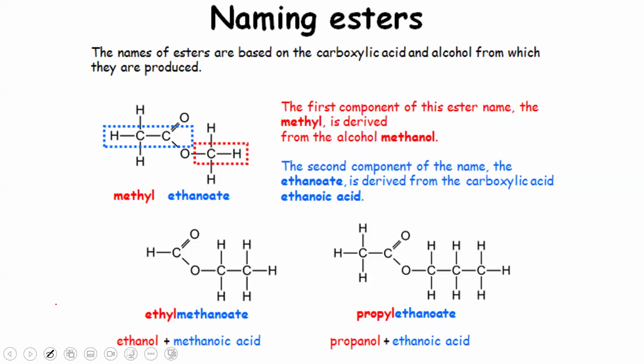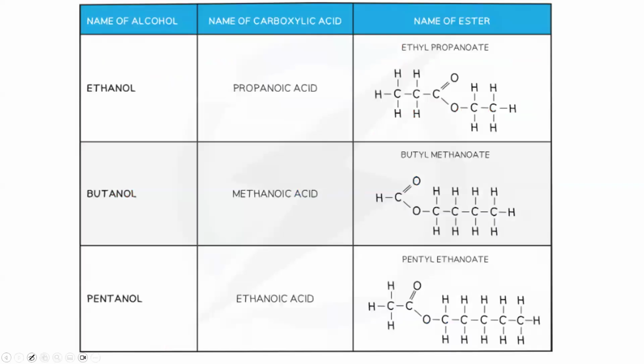Now a few other combinations to make our esters. Ethanol and propanoic acid, we get that. So remember, that bit there is our alcohol. That bit there is our ethanoic acid.